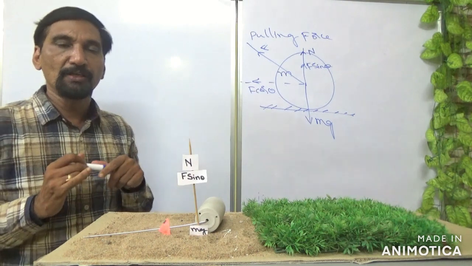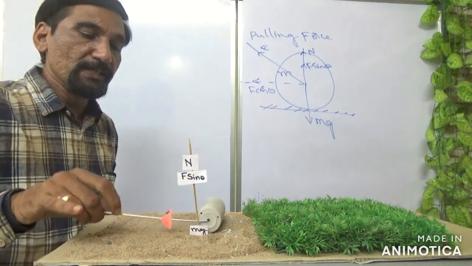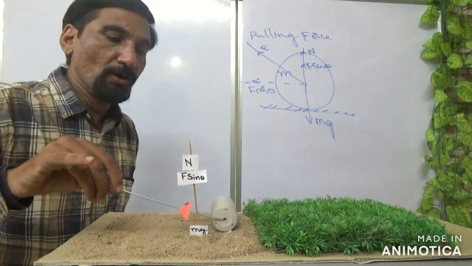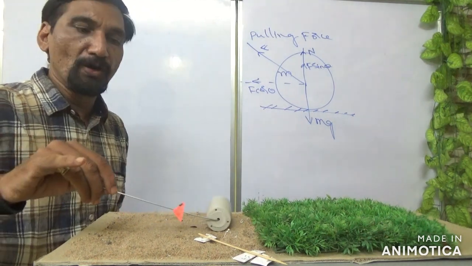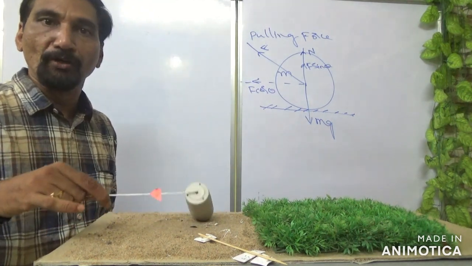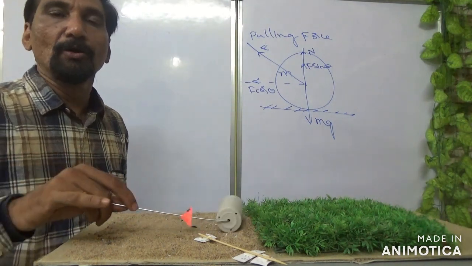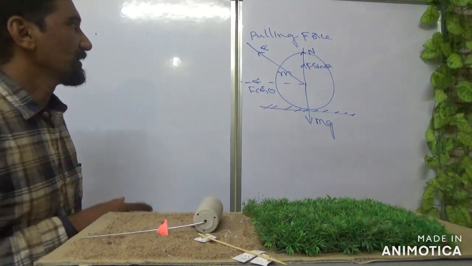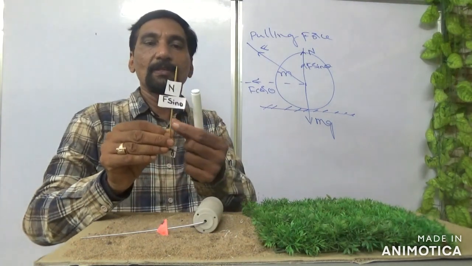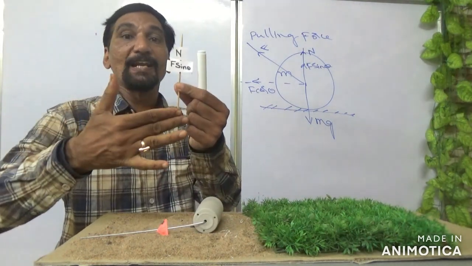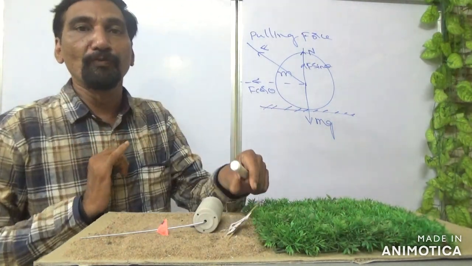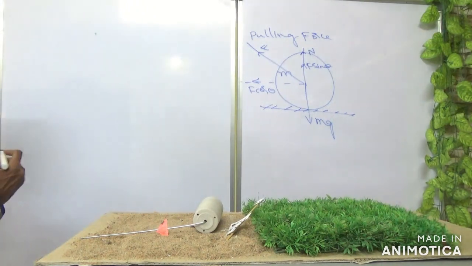You see the roller is moving only horizontally. No up and down movement. Only it is moving horizontally. That means it's very clear that upward forces are balanced by downward forces.